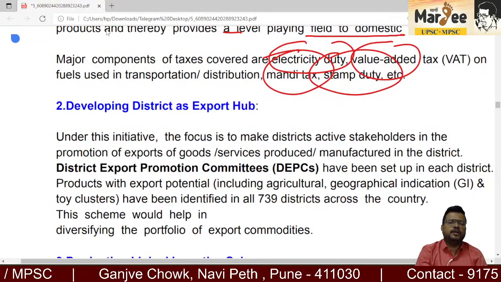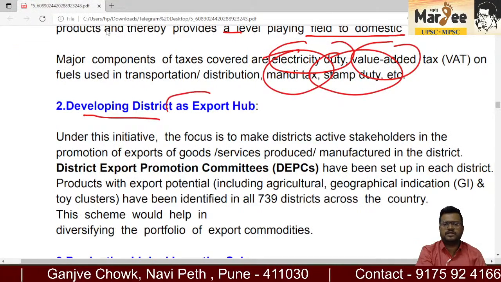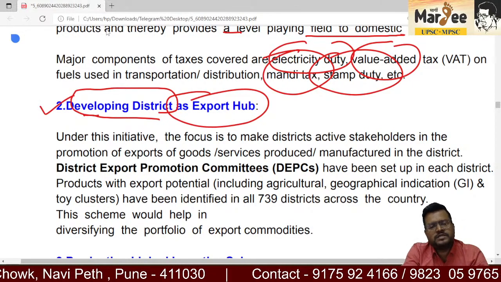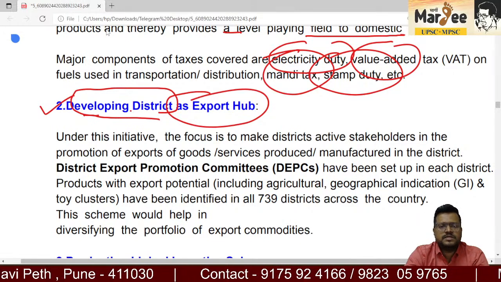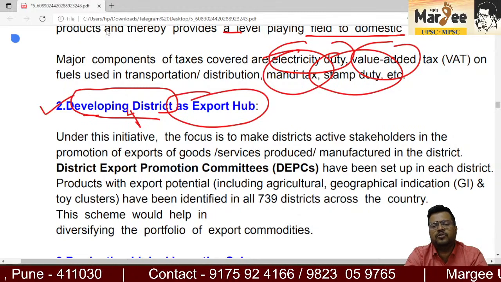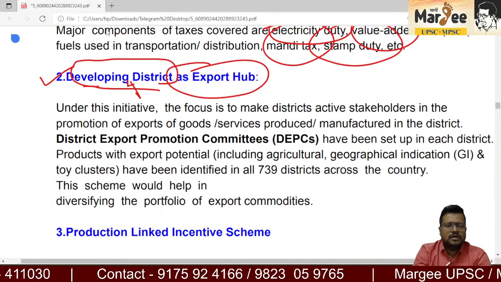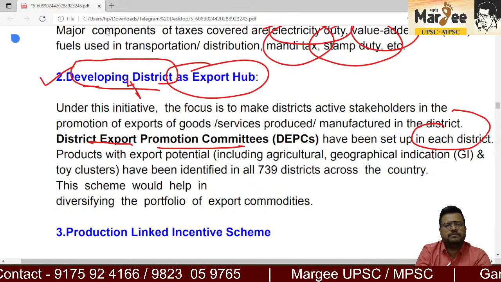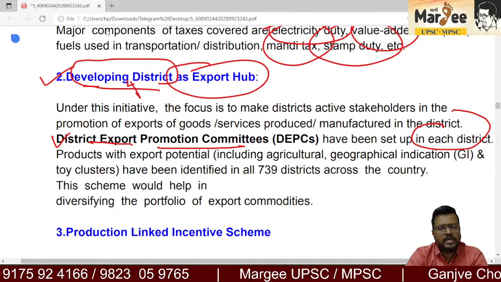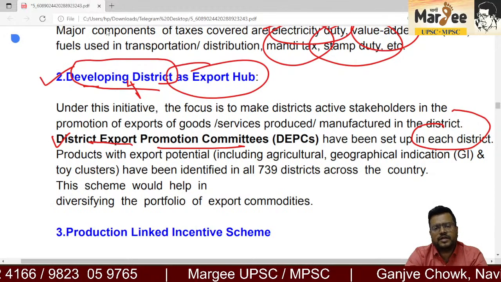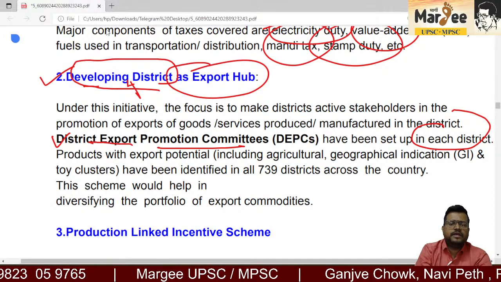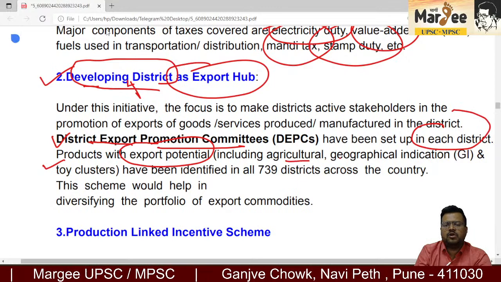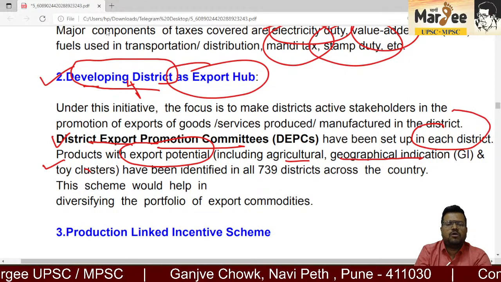Then the second scheme related to export promotion is Developing Districts as Export Hubs. What is this? As the name of the scheme itself shows, we have to develop our districts as export hubs. For this, District Export Promotion Committees are established in each district. This is important. A District Export Promotion Committee has been established in each district, and they will promote the products that have export potential. That will include agriculture, or those products having geographical indication or having a toy cluster.